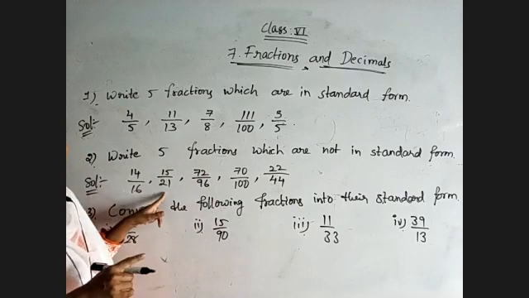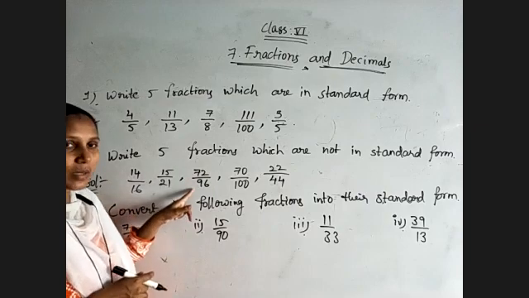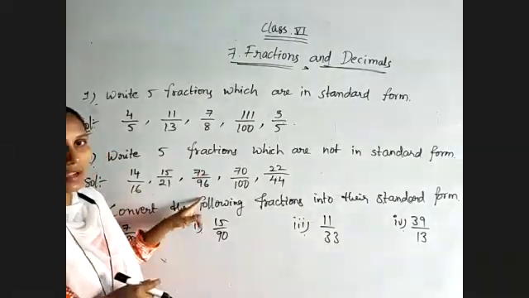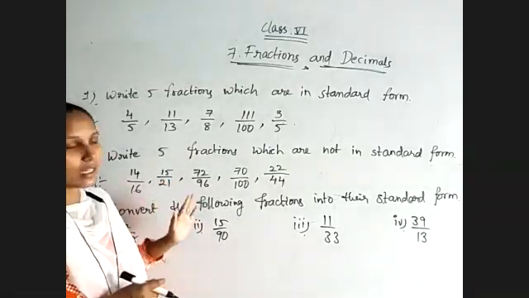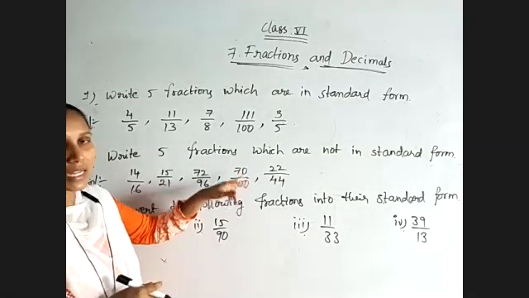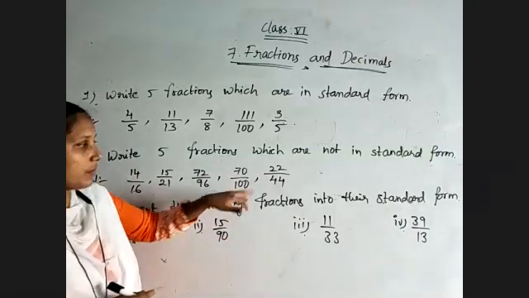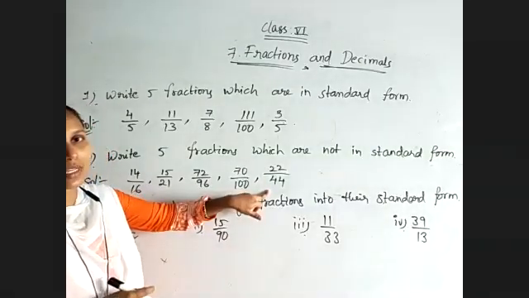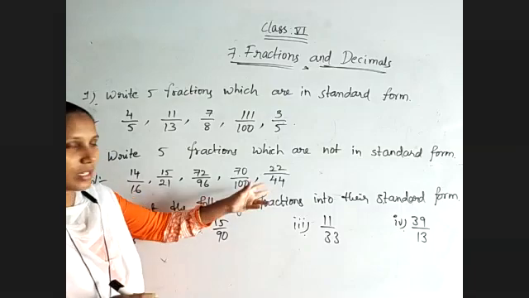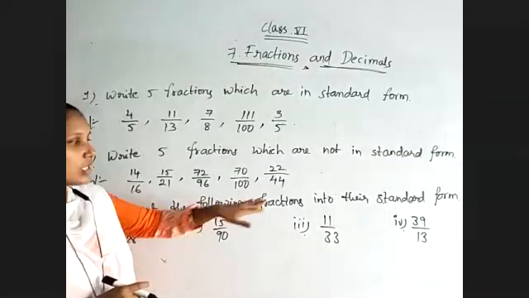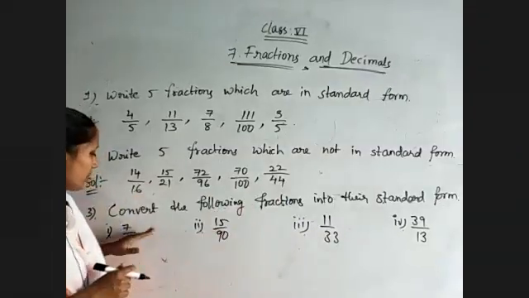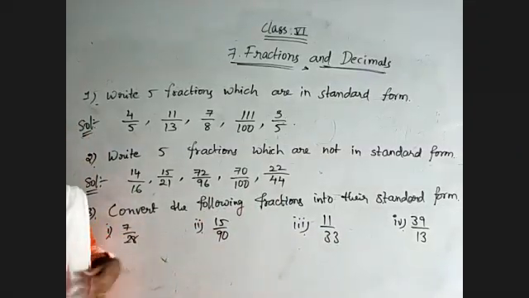So they are also not in the standard form. 72 by 96 are having 2 as common factor, so they are also not in the standard form. 70 by 100 both will cancel in 10 table, so they are also not in the standard form. 22 by 44 both will cancel in 11 table, 2 table or whatever. So they are also not in the standard form. Now coming to the third problem, convert the following fractions into their standard form.